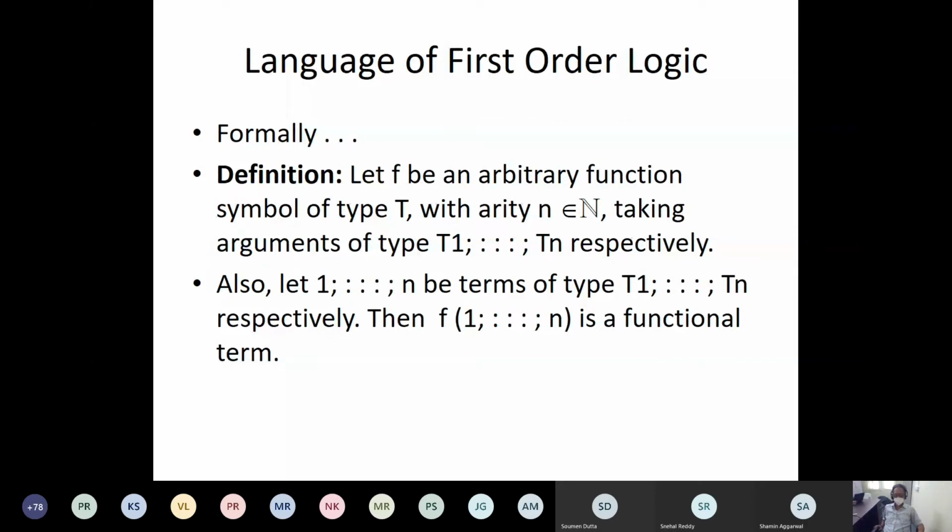It is the way we would expect a function to be formed: the function symbol followed by a parenthesis, followed by a list of arguments, then the closing parenthesis. Each of the arguments 1 to n would be of types t1 to tn. So this f(t_1, ..., t_n) is a term.